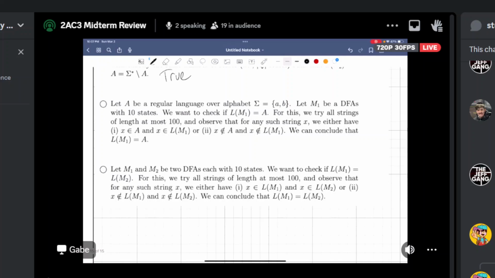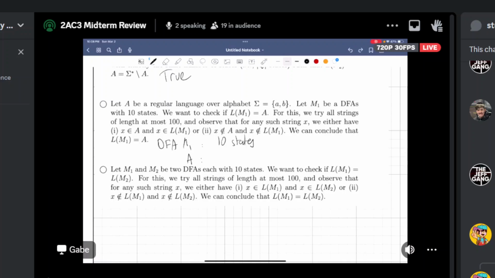Let A be a regular language, let M1 be a DFA with 10 states, and you have some regular language A defined over the alphabet {a, b}. We don't know what that language is. It's just a language that accepts some combination of the strings over a, b.